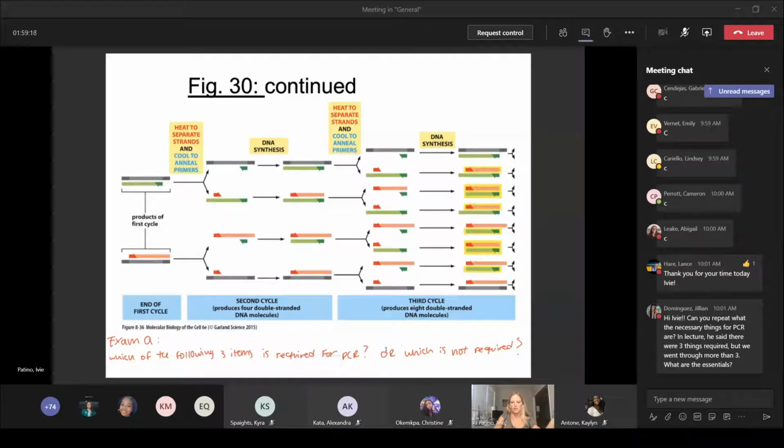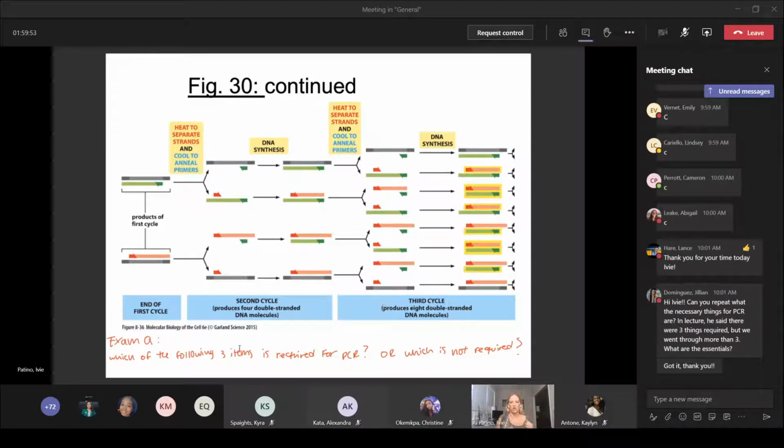But I think he corrected himself and said which is not required, because he could put DNA nucleotides, DNA polymerase, helicase, and then topoisomerase or something. And then you would have to pick which one is not required, and that's topoisomerase. I think that's how he would term that question. It's more than 3 things. He was just thinking off the top of his head.